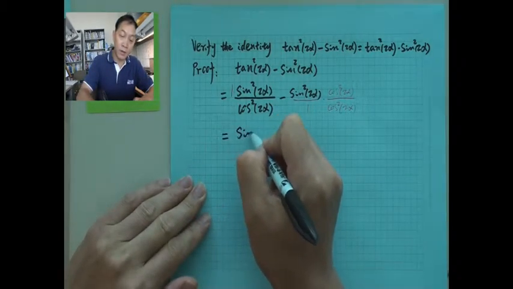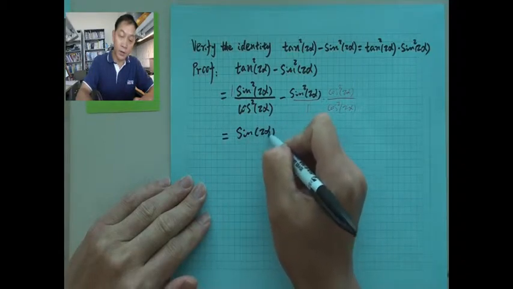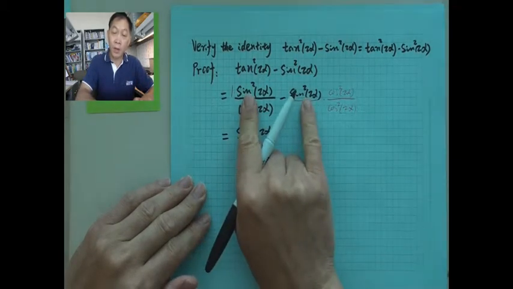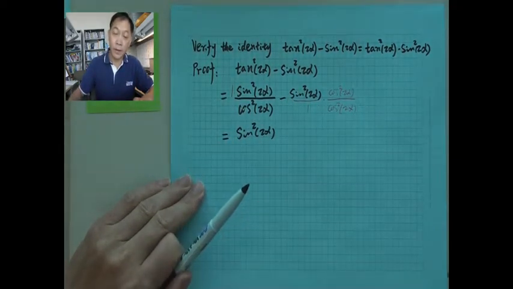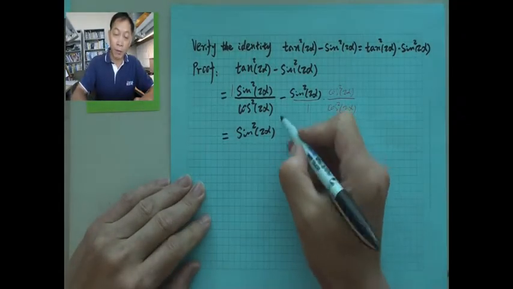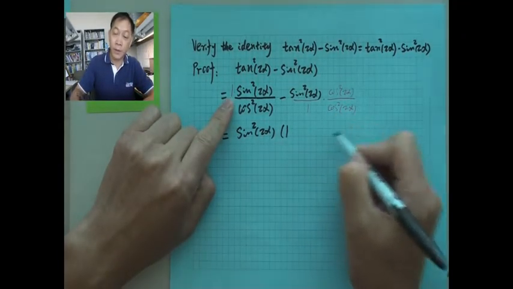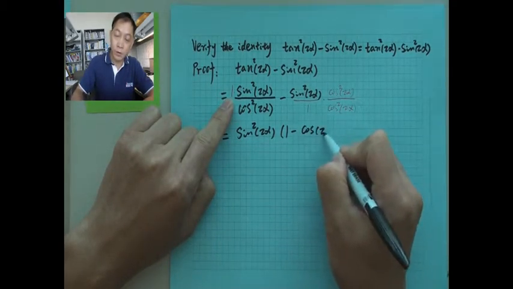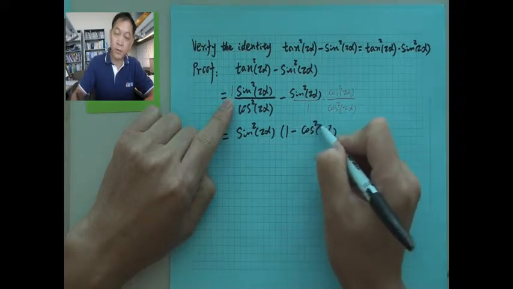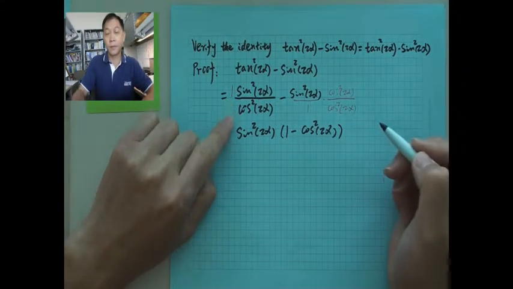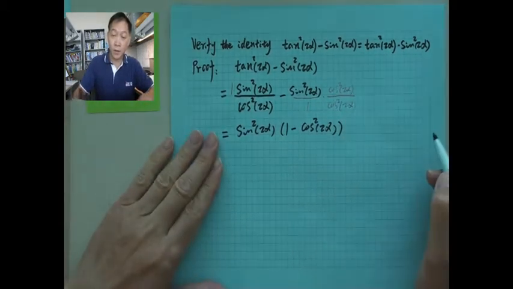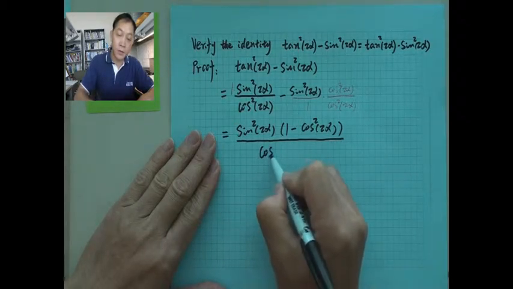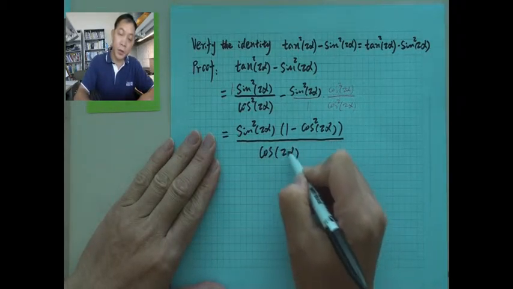So you then have a sine 2 alpha squared. When you pull this common thing out, okay, then you have a 1 left, and then minus this one, cosine 2 alpha squared, and downstairs that's cosine 2 alpha squared.